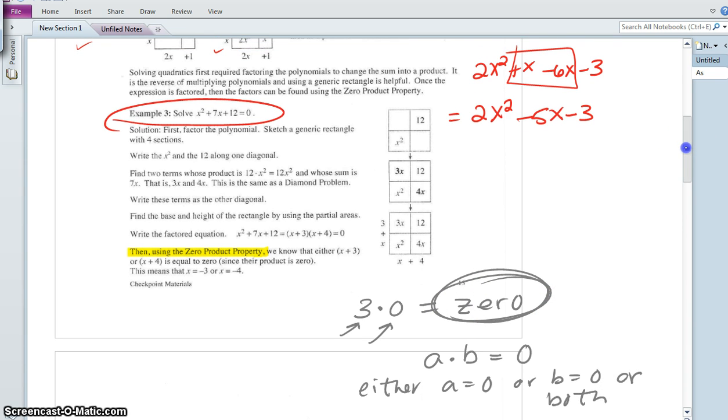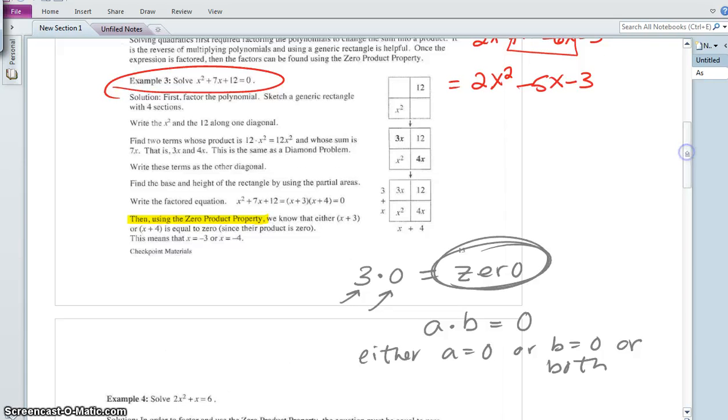So we use the zero product property when we're solving quadratics. So let's use it for this example. X squared plus 7x plus 12 equals 0. Right now it's in expanded form with addition.